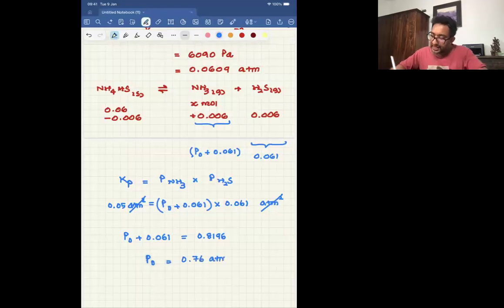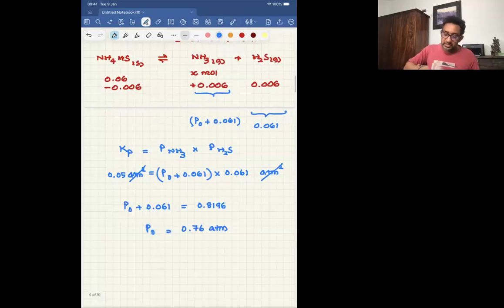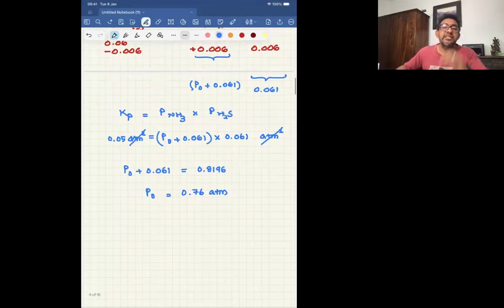But I'll double check that answer. 0.05 divided by 0.061 is 0.8196, minus 0.061 is equal to 0.758. I'll take it as 0.76.